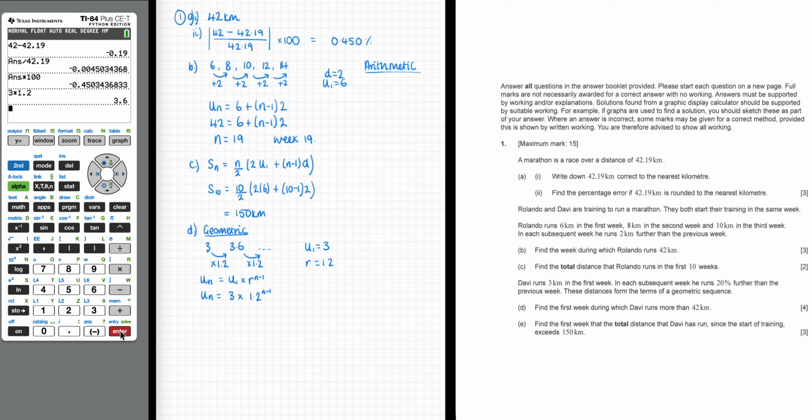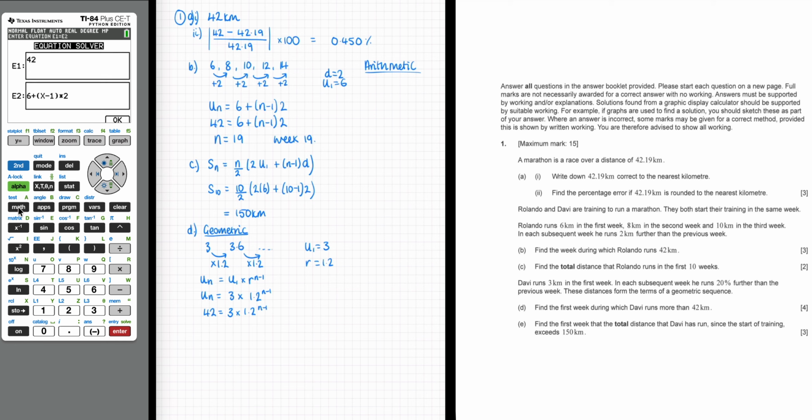And if we're trying to work out the first time he runs more than 42, I'm looking for the value of n when that equals 42. So again, I'm just going to use my calculator for this. Let's do numeric solver. So 42 equals 3 times 1.2 to the power of x minus 1. We can do all this on the calculator, and it's 15.47.